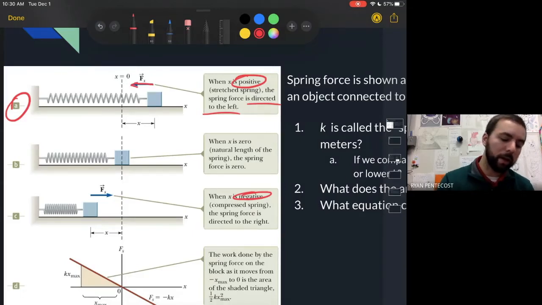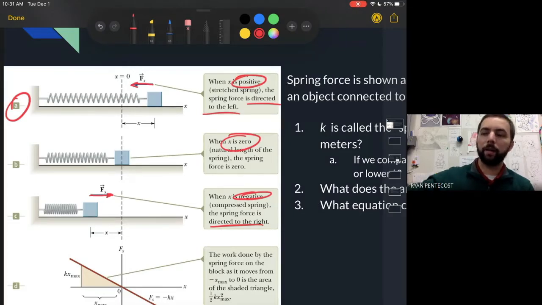And X is negative on a compressed spring, then the spring force would be directed to the right, because again, a spring always wants to return back to its equilibrium. Now, X is 0 when it is sitting at equilibrium. That is its natural length where it wants to sit, and the spring force will be 0 at that distance.